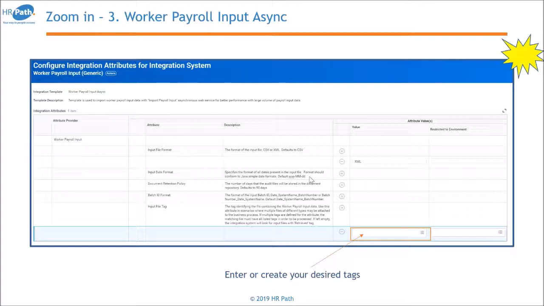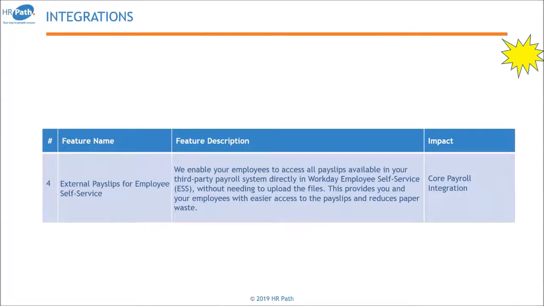If you move on to the next slide, external payslips for employee self-service. If you have any experience with this at the moment, you will know that the only way to display a payslip from an external vendor in Workday was to import these payslips via an integration into Workday itself, which means the payslips had to be delivered in a PDF format to Workday.